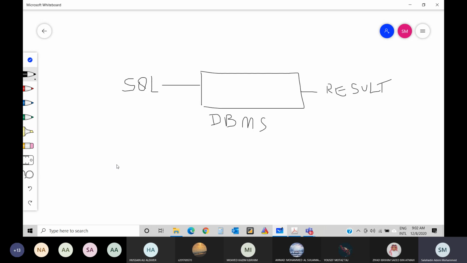Okay. Let me give you a very simple question. For example, let's say I have three tables. Table number 1, join, this is relational algebra, with table 2, join, with table 3. A join is a binary operation. It takes 2 tables at a time.